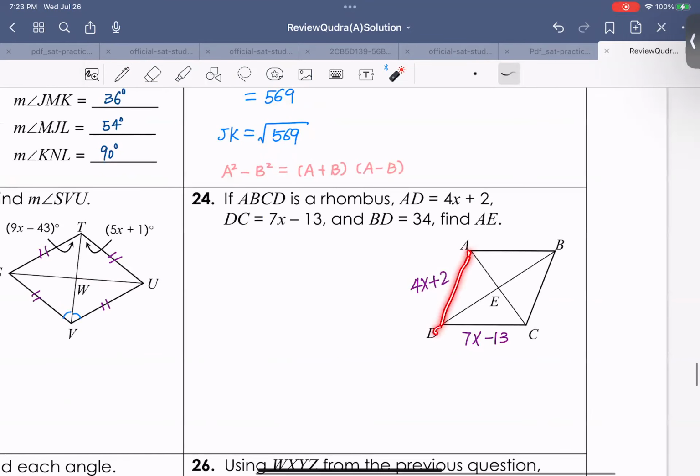Let's find x first. Is this equal? Yes, 4x plus 2 is equal to 7x minus 13. Keep going. 15 is equal to 3x, x is equal to 5.